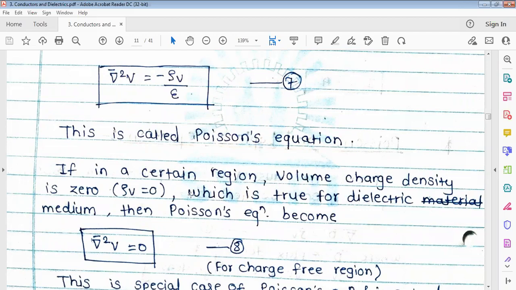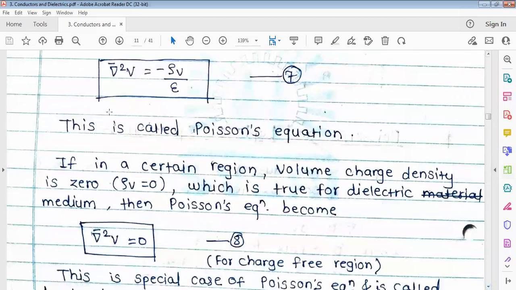Means for dielectric materials, or when your volume charge density rho v is equal to 0, then your Poisson's equation will become del square v is equal to 0, and this is for a charge free region.